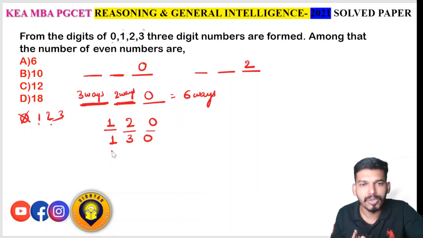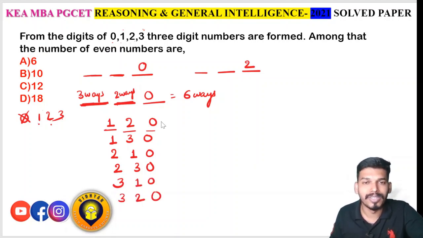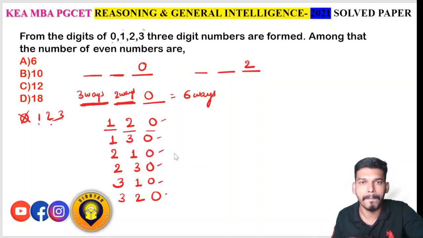Suppose I put 2 in the first place, then I can place 1 here, 210, or 230, correct? Or suppose I take 3 in the first place, then 310 and 320. So these are the 6 even numbers which you can form by placing 0 in the last position.